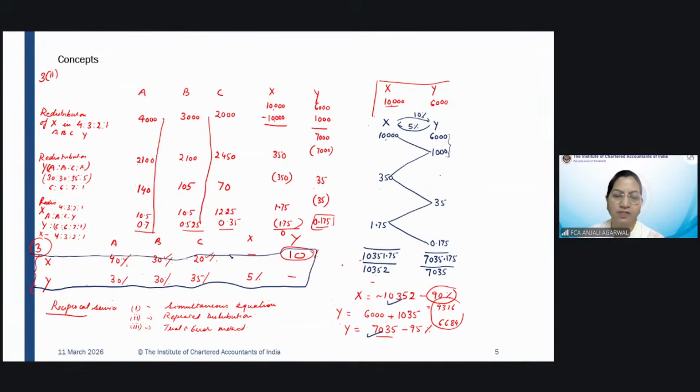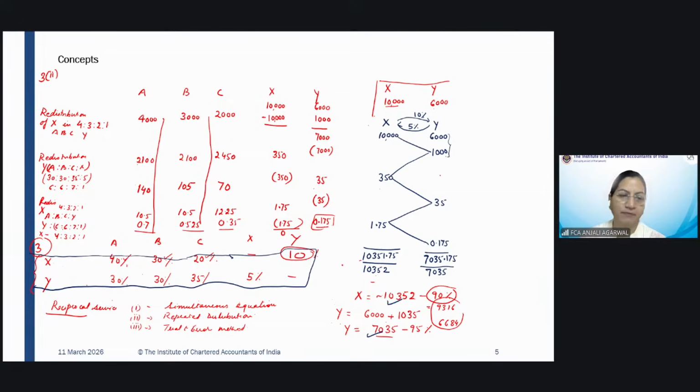If the benefit of the service department goes only to production department, it becomes easy. If the benefit of one service department goes to all other production departments and other service departments, but then the second service department or the third service department gives only benefit to the production department, you follow the step ladder in which you identify first, take that service department where there is maximum apportionment.